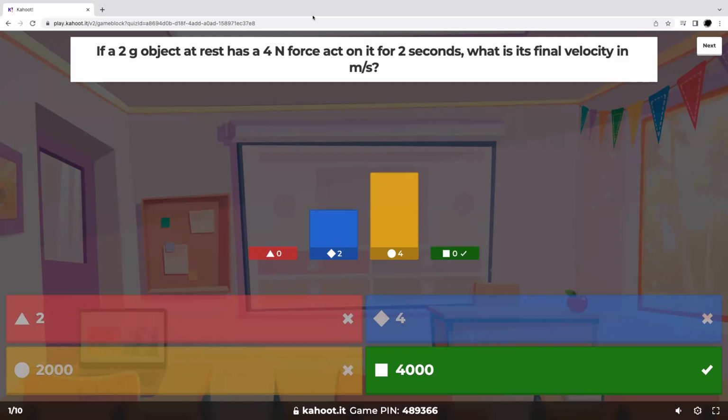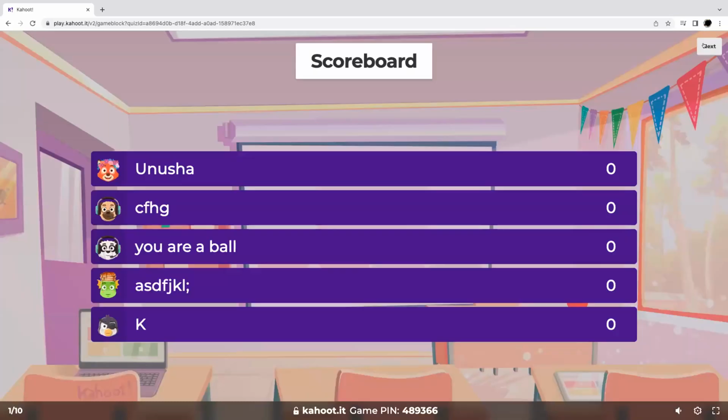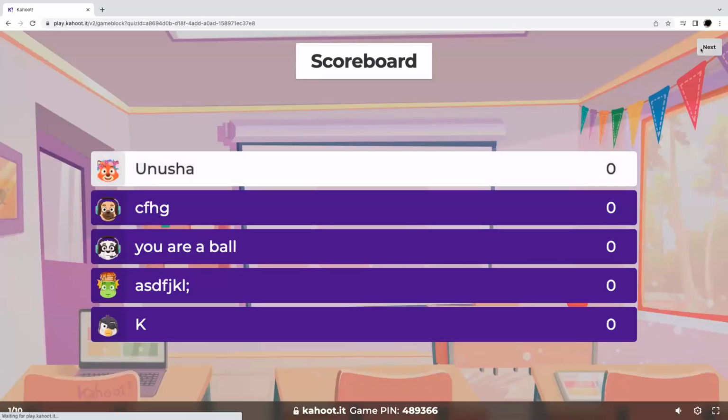But this is for 2 seconds. The timer might have been a little short, but you'd have to go through several steps. This might have been a difficult question. So first, don't forget to convert to kilograms, and then remember to check what the question is really looking for, because it's not just asking for acceleration.